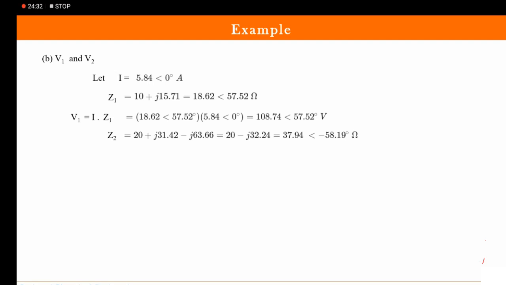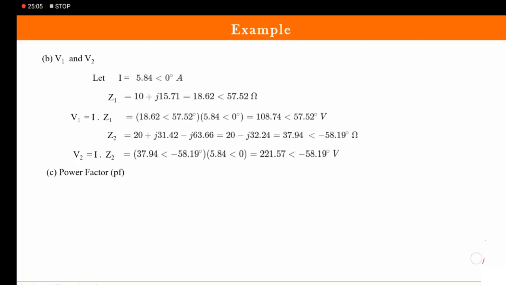So we got Z2 to be 37.94 with angle of minus 58.19. And so V2 will be calculated as I into Z2. As I said, magnitudes are multiplied, so you have 37.94 multiplied by 5.84, so that comes out to be 221.57. Okay, so minus 58.19 remains as it is. So this is how we calculated V1 and V2.